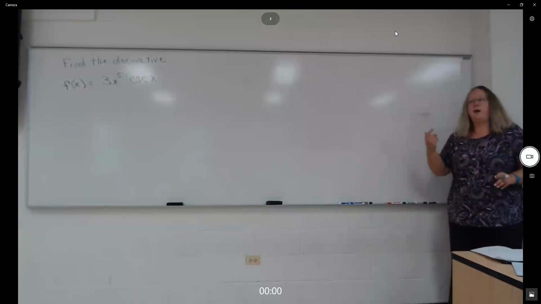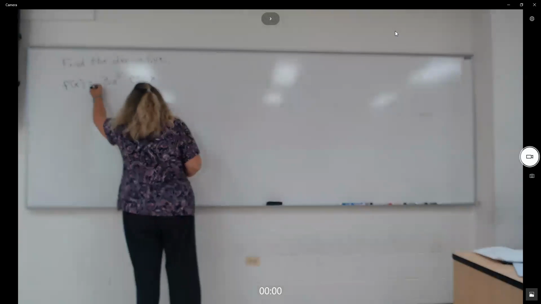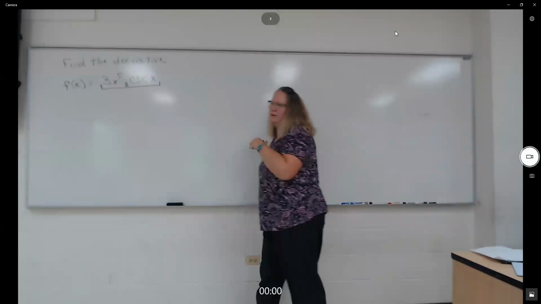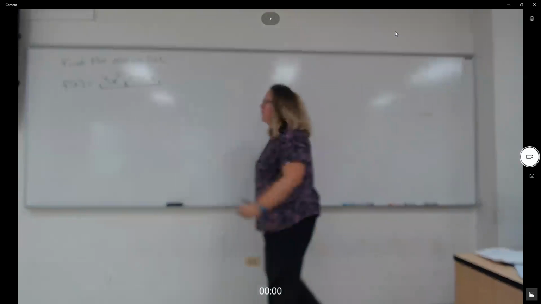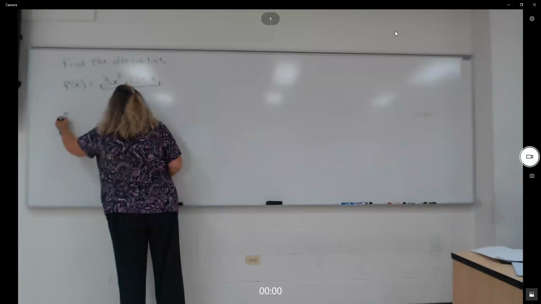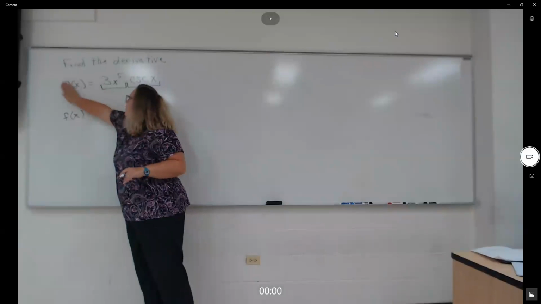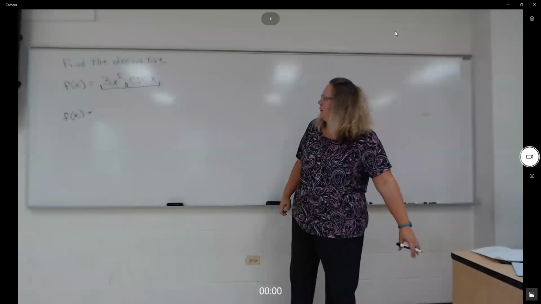We're doing the product rule, okay? So this guy times this guy. And so product rule, remember this f of x is literally the first factor. It has nothing to do with this function. It's just notation for first factor, second factor.